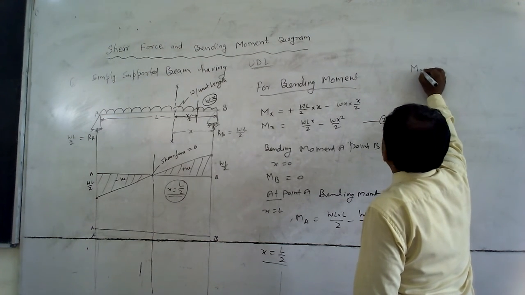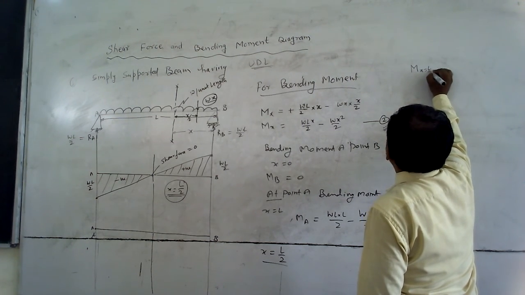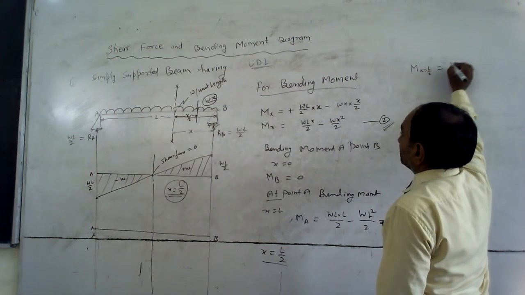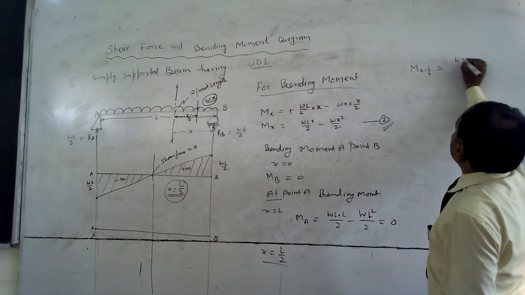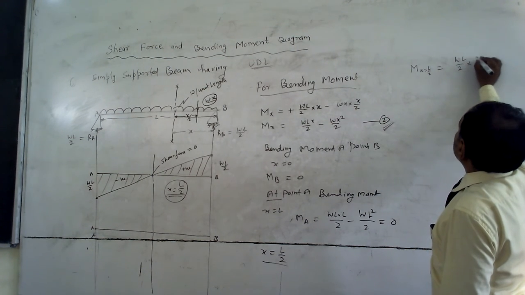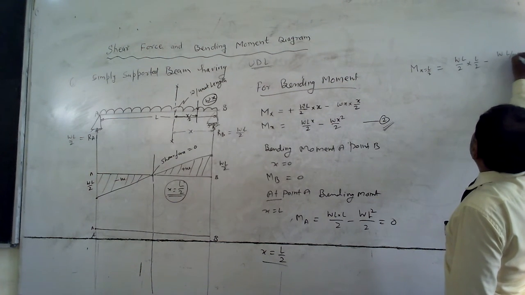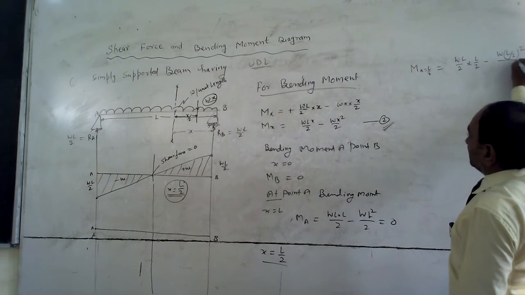At x equal to L by 2, that is at point C, it is WL by 2 into L by 2 minus W into L by 2 square divided by 2.